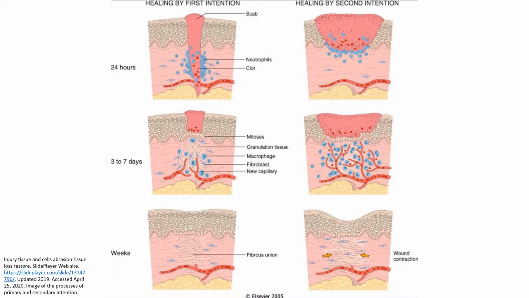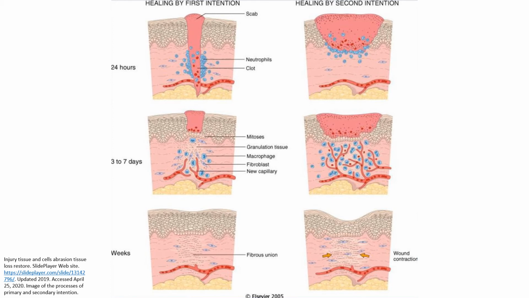So if the extracellular matrix is orientated in a longitudinal manner to where the tissue stretches out, then that is appropriate, since the tissue will stretch in this manner, and the extracellular matrix requires tensile strength in that manner as well. So diagrammatically, if the tissue stretches out this way, then the fibers of the extracellular matrix will stretch out that way as well, as opposed to being orientated in this manner. So that's what occurs in primary intention.